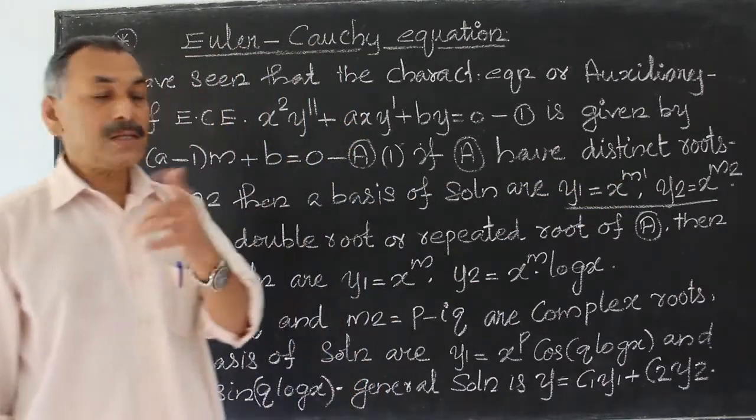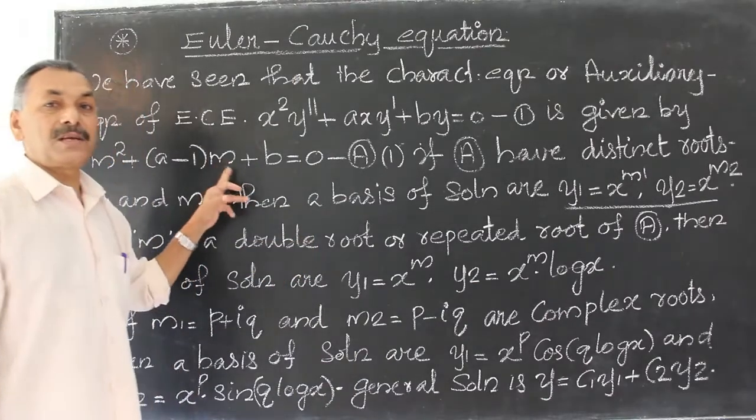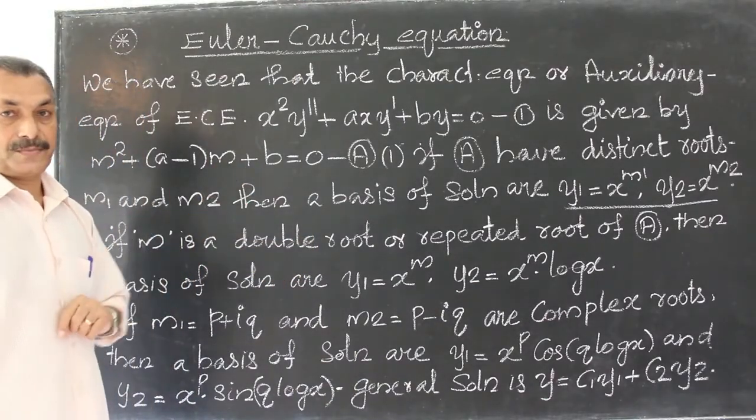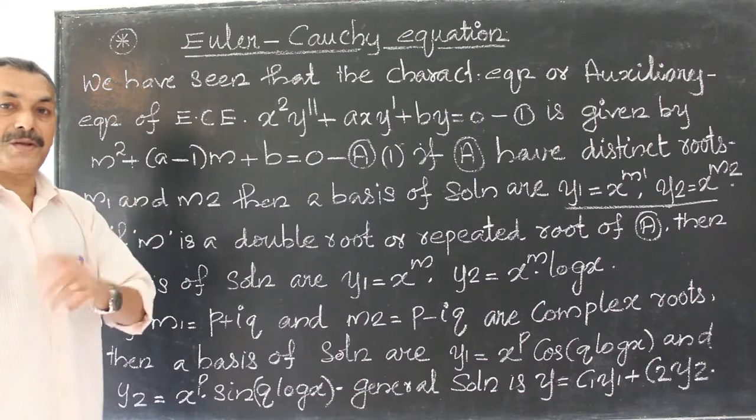Okay? Next, we assume that this characteristic equation has a double root. That root is repeated.